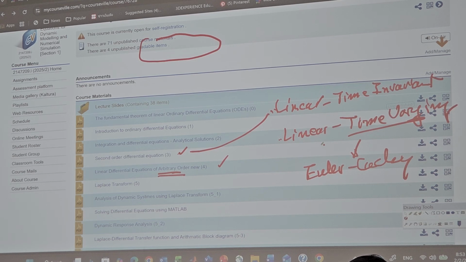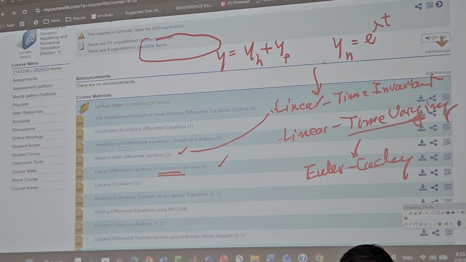If you have linear time invariant, normally we can solve this one. We have a differential equation. You can solve by splitting into homogeneous solution and particular solution. For the homogeneous solution, we normally assume a solution in this form, if t is the independent variable. For this one, we obtain the characteristic equation, and we obtain lambda, which is the eigenvalue.